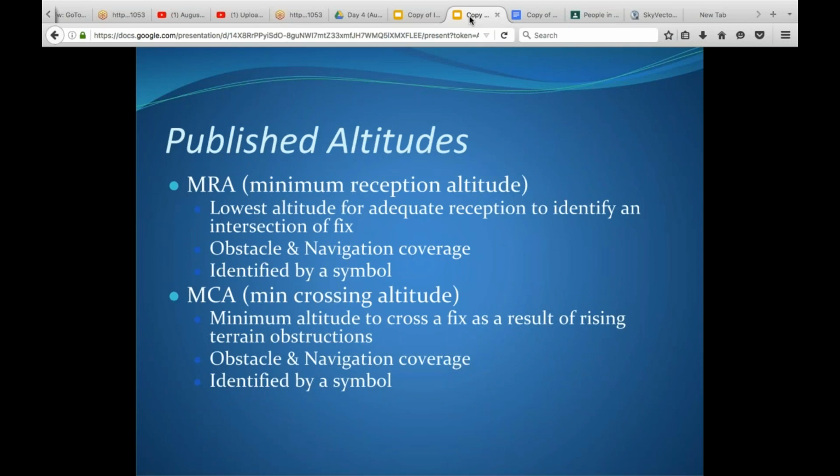So these ones, once again, it's just the MRAs. Didn't you show them an MRA on that low chart?